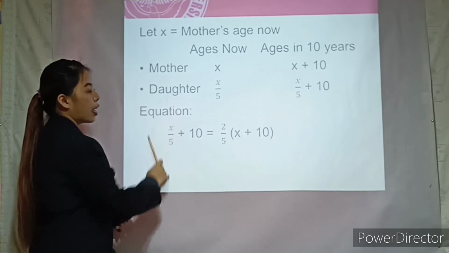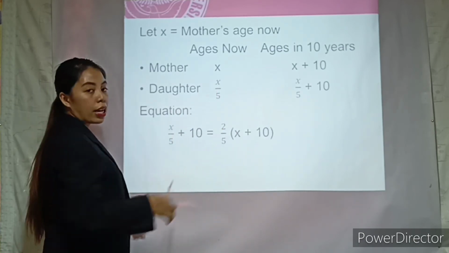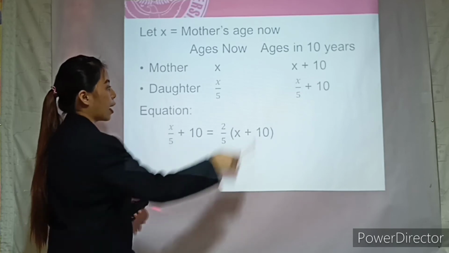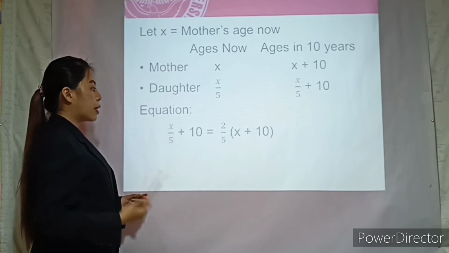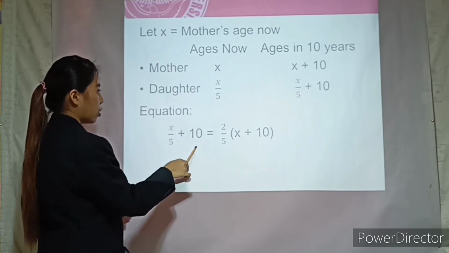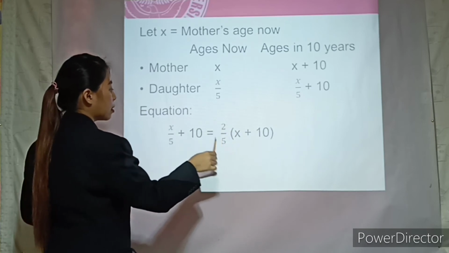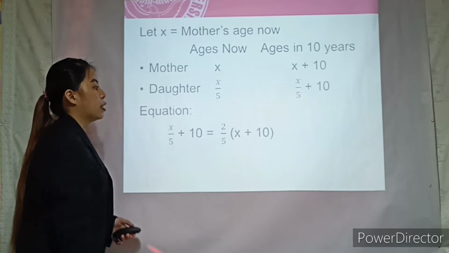The daughter's age now is x over 5, while in 10 years her age is x over 5 plus 10. So the equation will be this: x over 5 plus 10, the daughter's age, equals 2 over 5 times x plus 10.